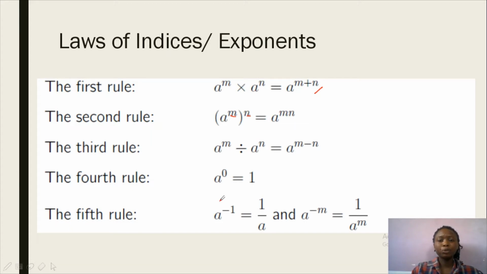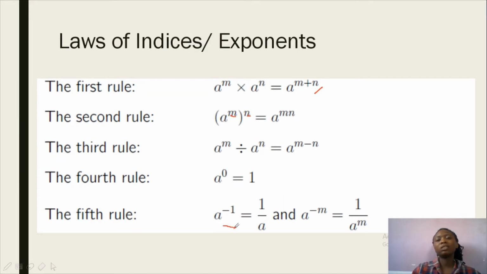The fourth rule says that a raised to the power 0 should give us 1. The fifth rule says a raised to the power negative m is equal to 1 over a raised to the power m, whichever way it appears.